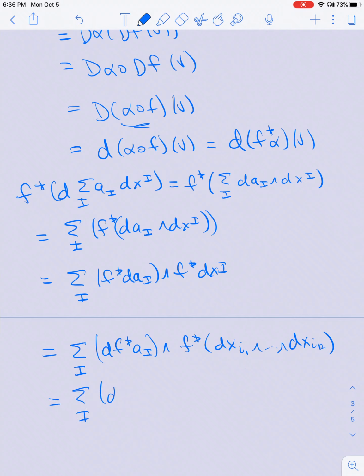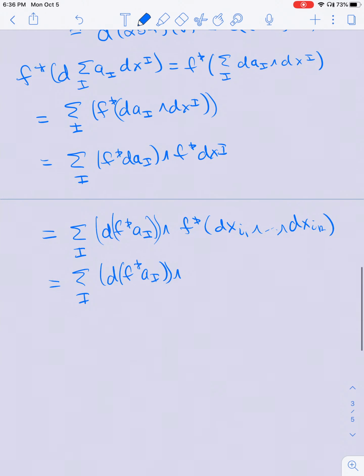Sum over I, d of f pullback a_I, now wedge. Because f distributes over the wedge product, and because it commutes with d for zero-forms, I get d of f pullback x_i1 wedge all the way out to d of f pullback x_ik.